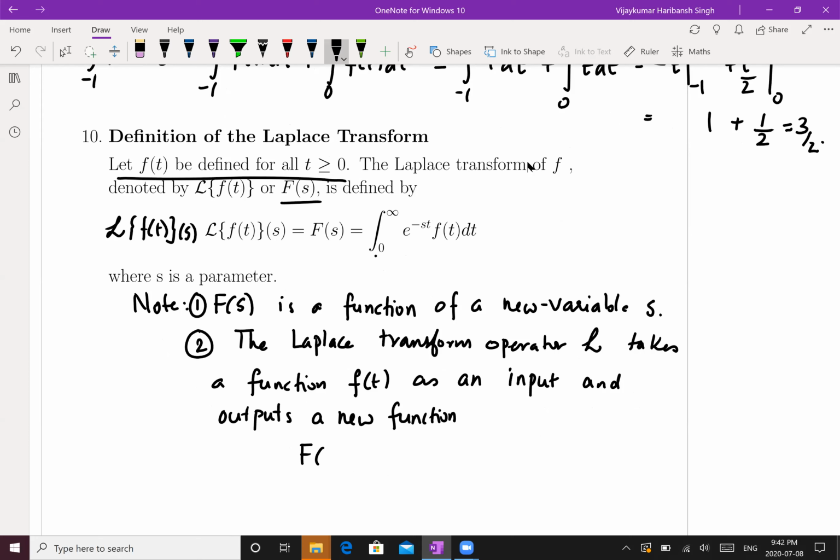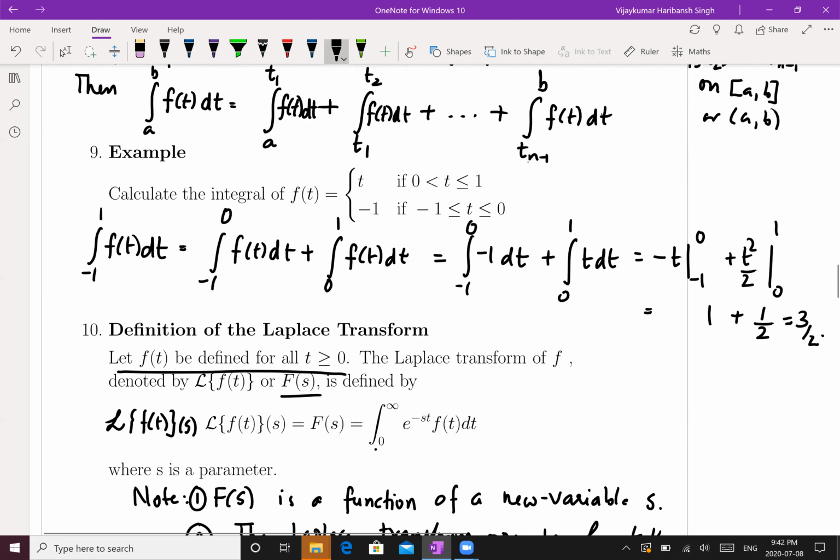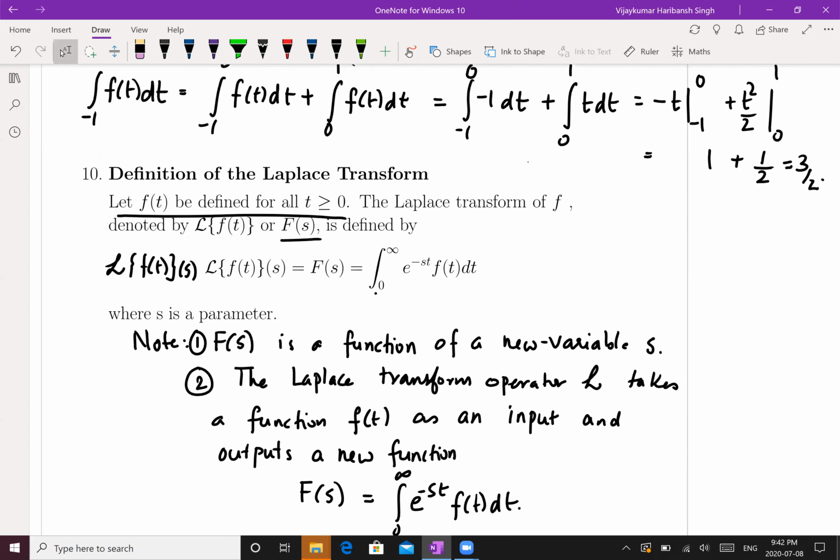It outputs a new function F of s, which is, again, I'm rewriting the definition, but it's a good idea to do that, the integral of e to the power minus st times f of t dt. Okay, so this is the Laplace transform.